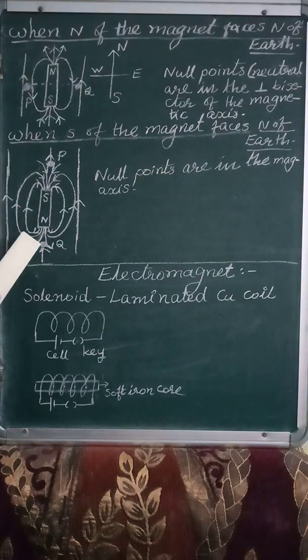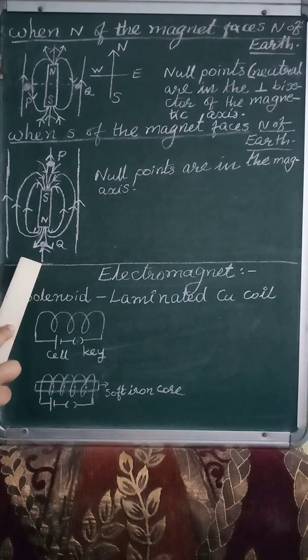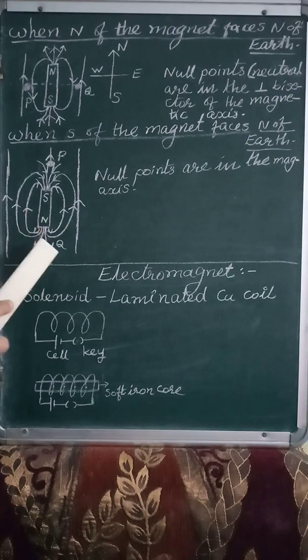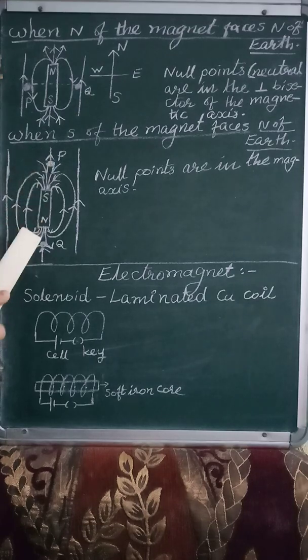Similarly, at the point Q here, the earth field is going upward, and the bar magnet field is coming downward. I have shown the arrow mark downward. That means their total will become 0 at the point Q. So at P as well as at Q, the total field will be 0.